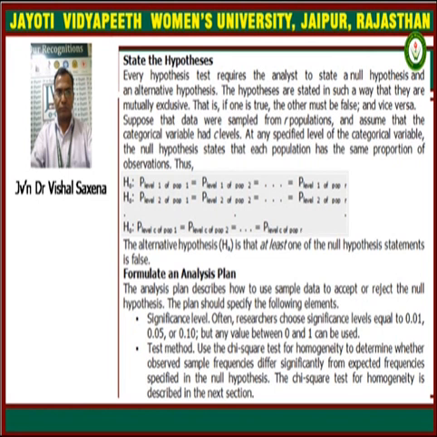Suppose that the data were sampled from R populations. So we are taking R populations, and data are just taken from these populations, and assume that the categorical variable had C levels.